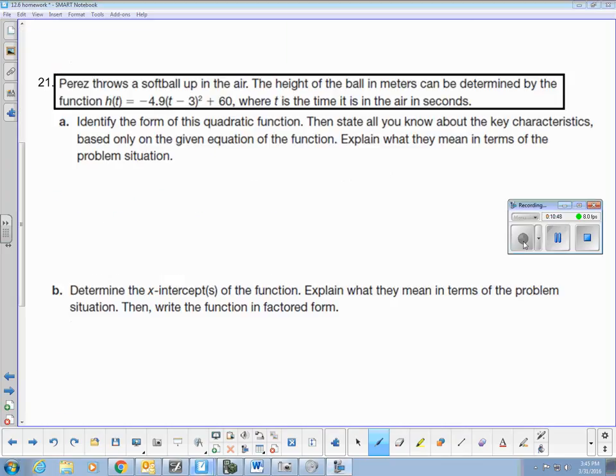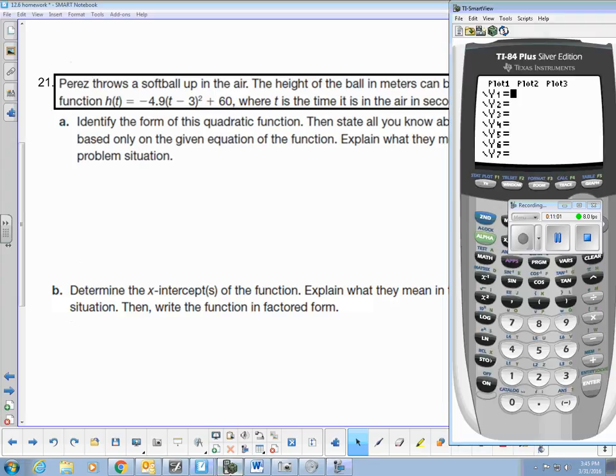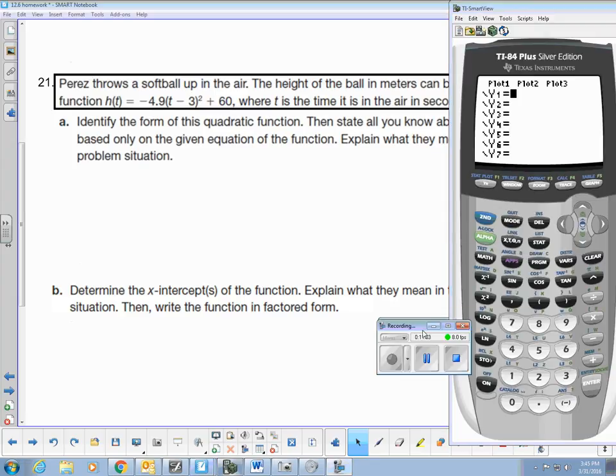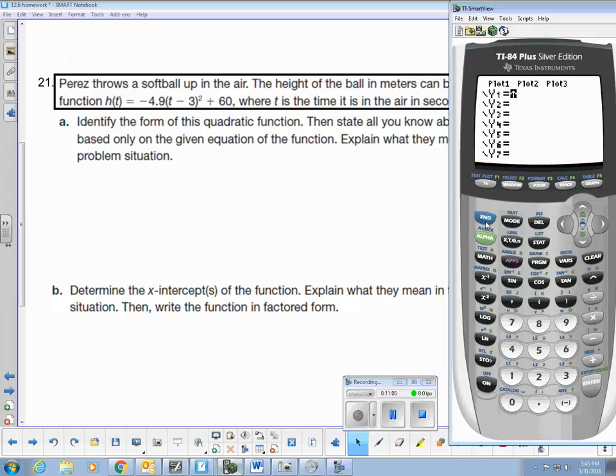So to start number 21, I'm going to get a graph of this vertical motion function, and we can see what that graph looks like. And then we can go ahead and answer questions about key characteristics.